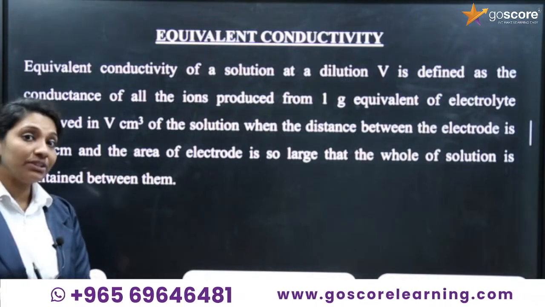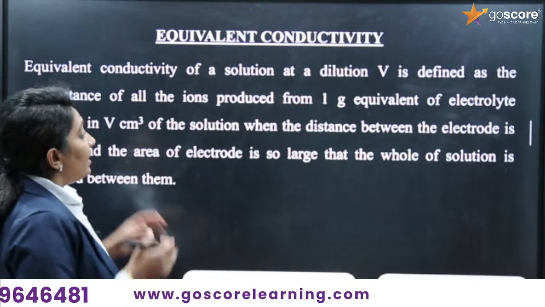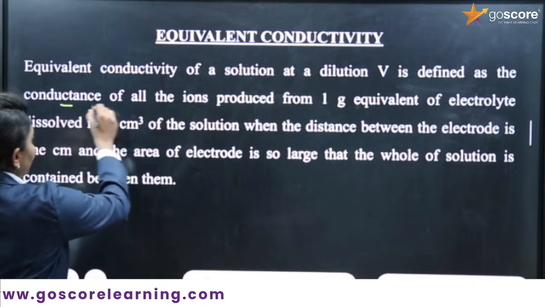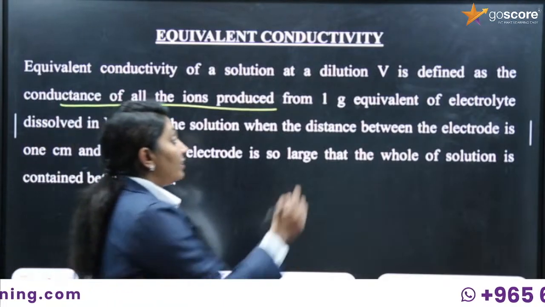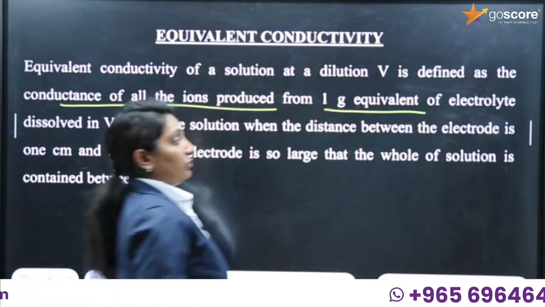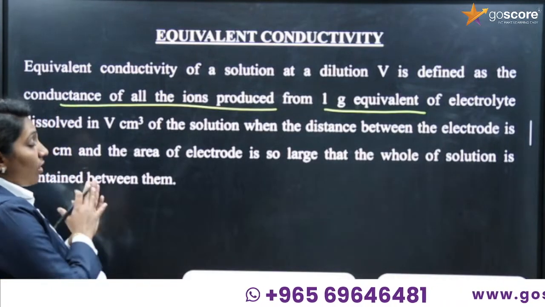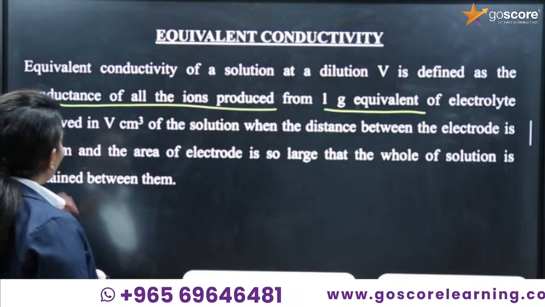When you are diluting the electrolyte, definitely there will be ions produced, right? The equivalent conductivity is defined as the conductance of all the ions produced from 1 gram equivalent of electrolyte.